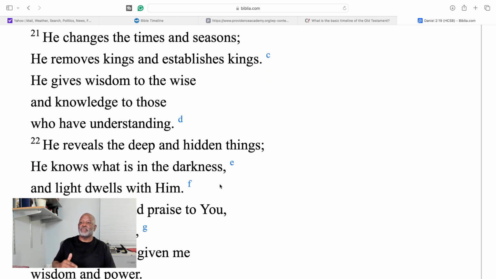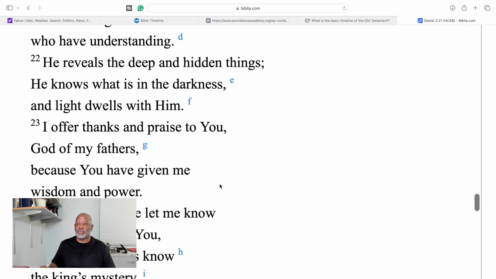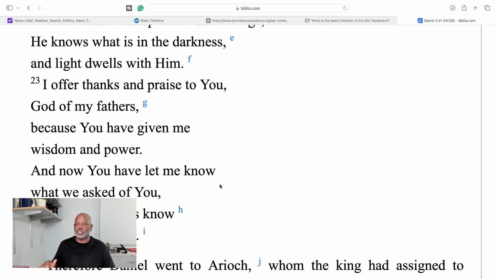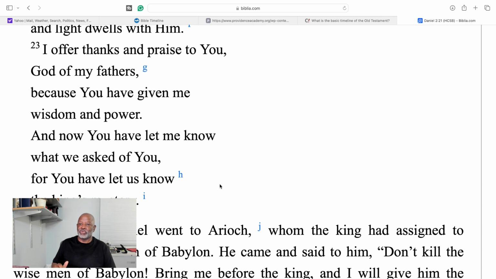He reveals deep and hidden things. He knows what is in the darkness, and the light dwells with him. I offer thanks and praise to you, God of my fathers, because you have given me wisdom and power, and now you have let me know what we asked of you, for you have let us know this mystery, the king's mystery.